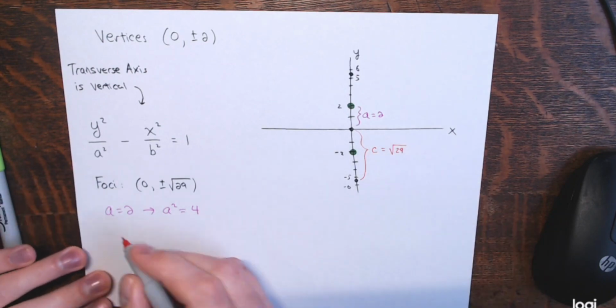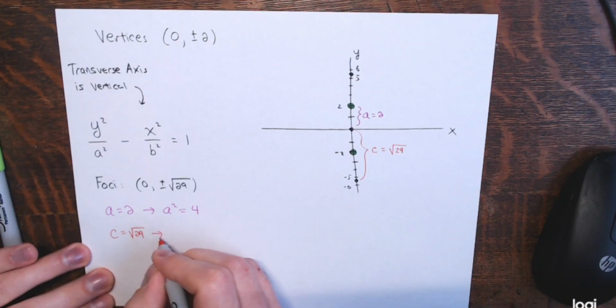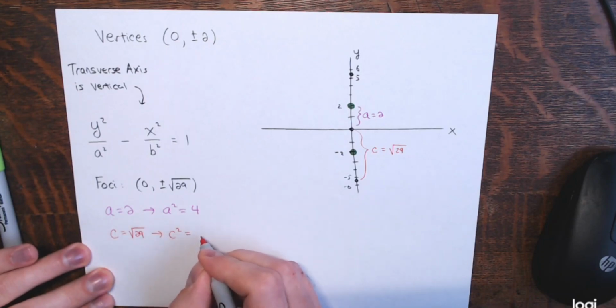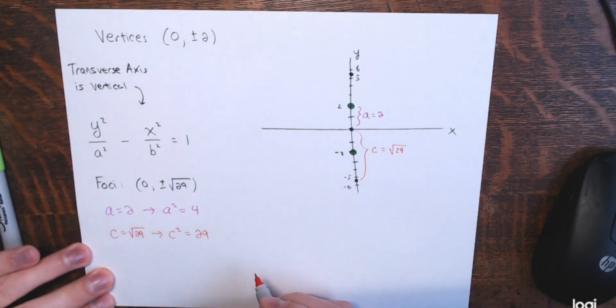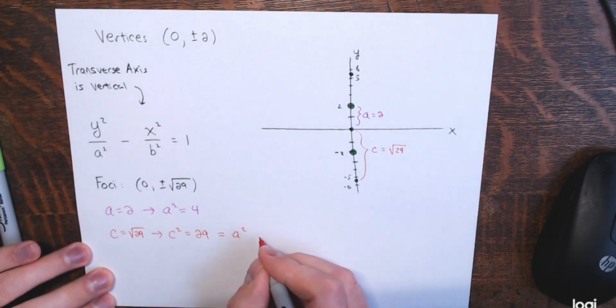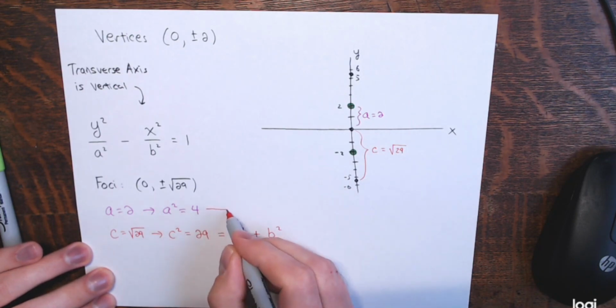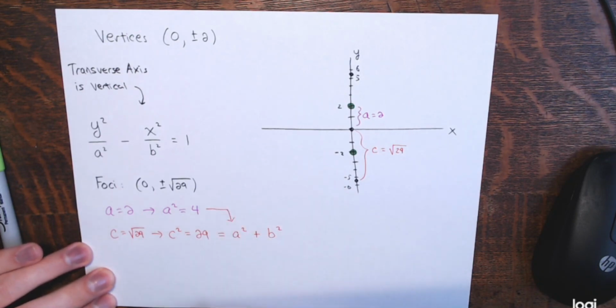So c equals the square root of 29, meaning that c squared is 29. But remember, c squared is a squared plus b squared. And we know that a squared equals 4. So we have 29 must be equal to 4 plus b squared. And then we can say b squared must be 25, and b must be 5.